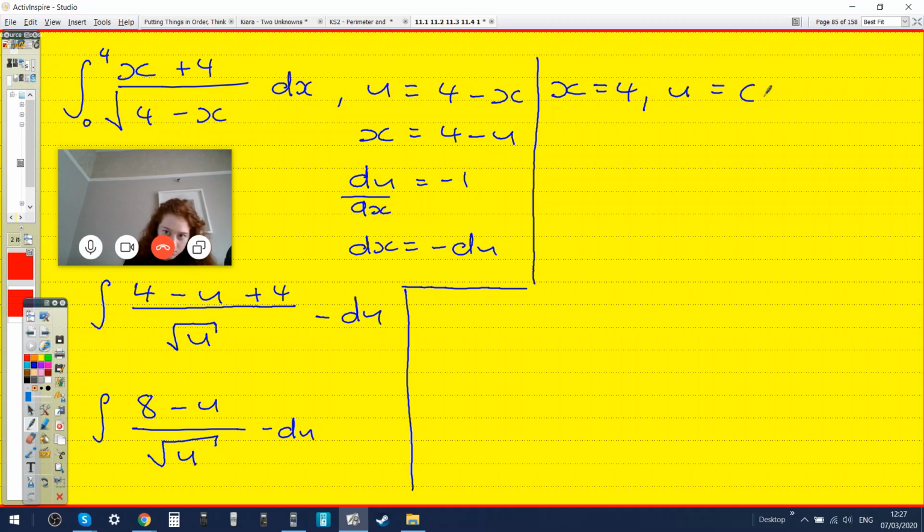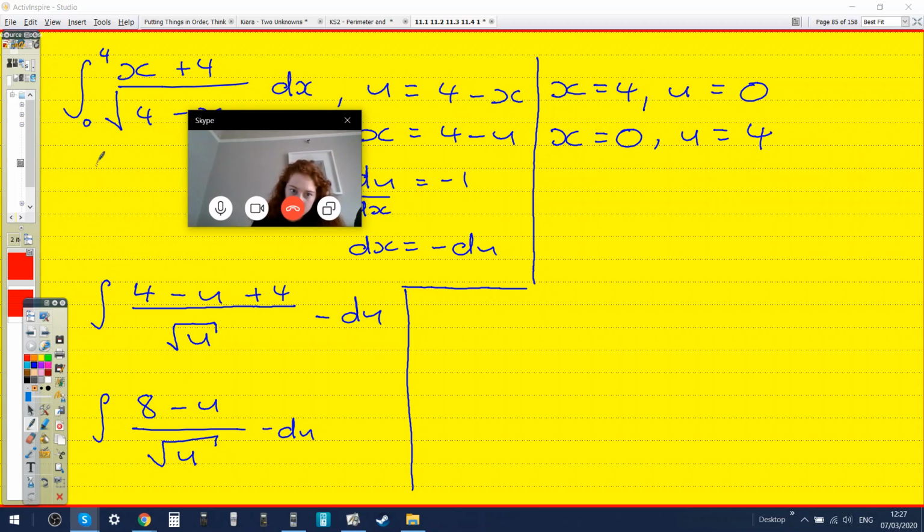U equals 0. And then when x is equal to 0, u is equal to 4. Oh, so strangely enough, the limits kind of stay the same. 0, 4, 4, 0. Same thing. Okay.